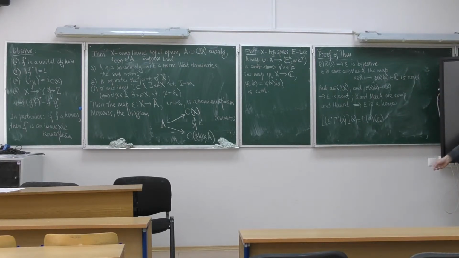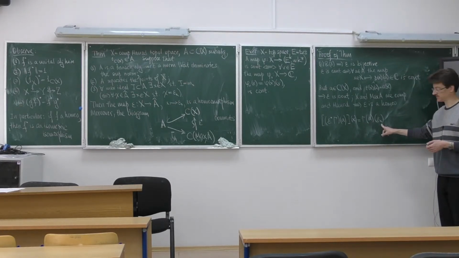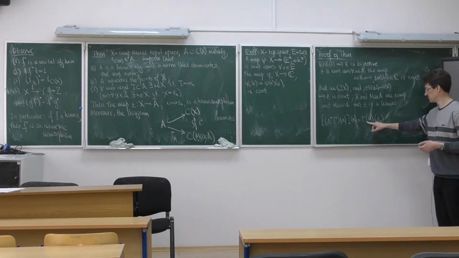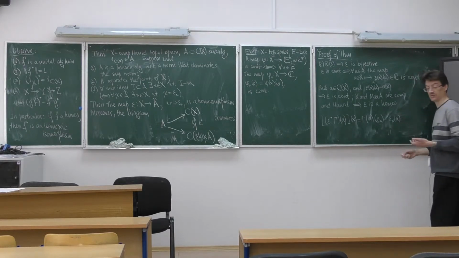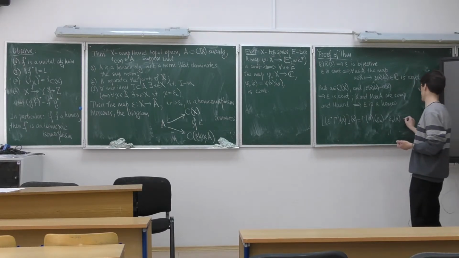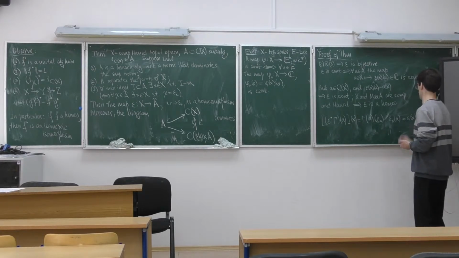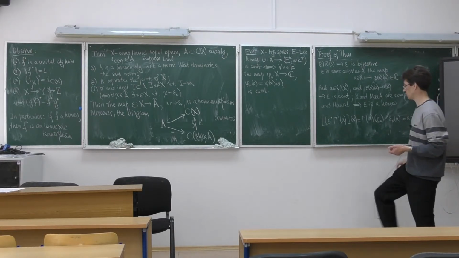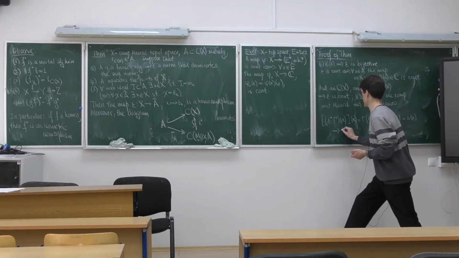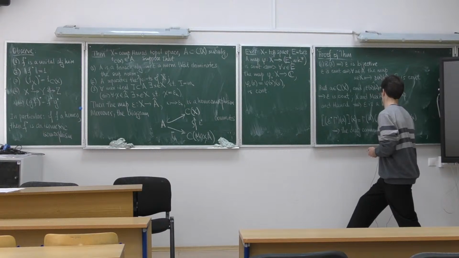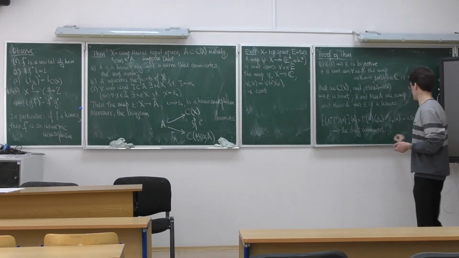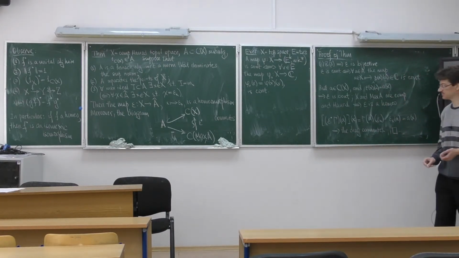By the definition of epsilon dot, this is gamma of a evaluated at epsilon x. But now by the definition of gamma, this is epsilon x evaluated at a. But epsilon x evaluated at a is just a of x. And so we conclude that the diagram commutes. Okay, and this completes the proof.